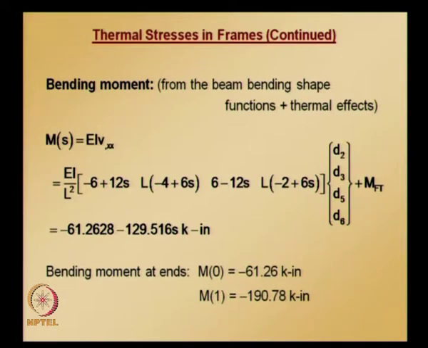The bending moment values at these two ends can be obtained by substituting S equal to 0 and S equal to 1. Again, using the sign convention for internal moments, we can draw the bending moment diagram for element 1.